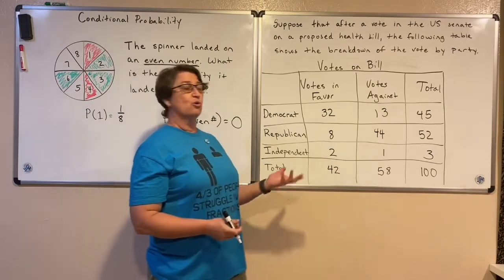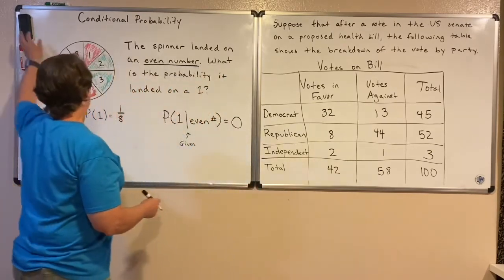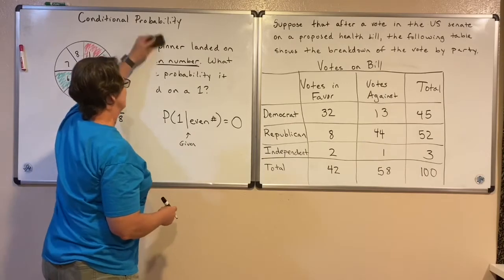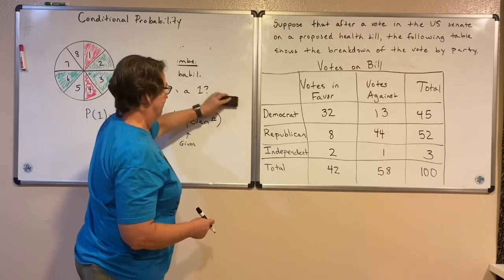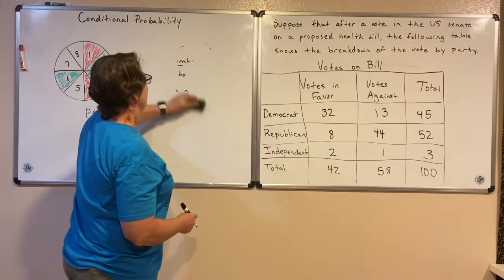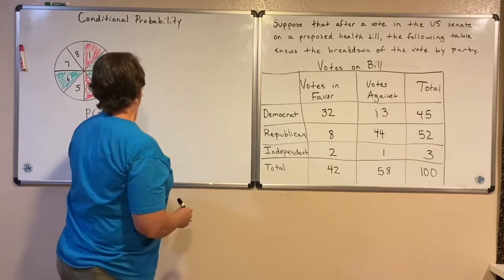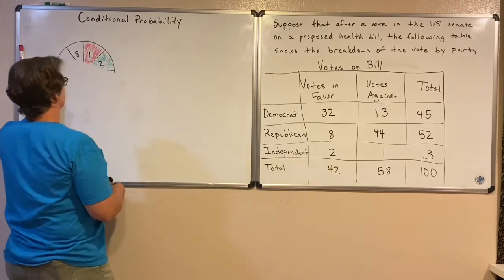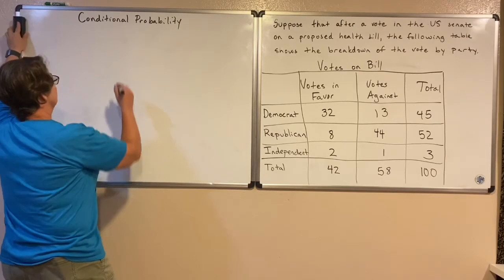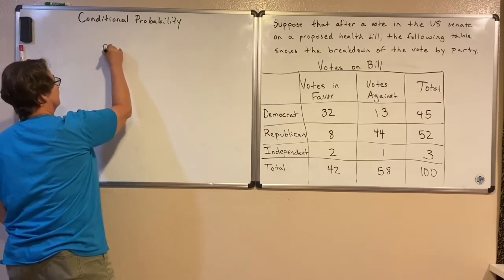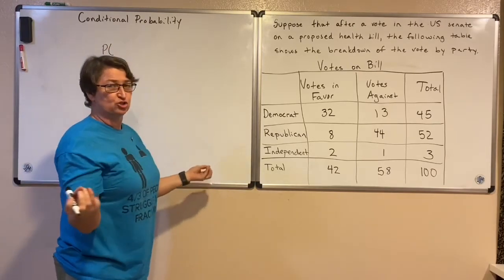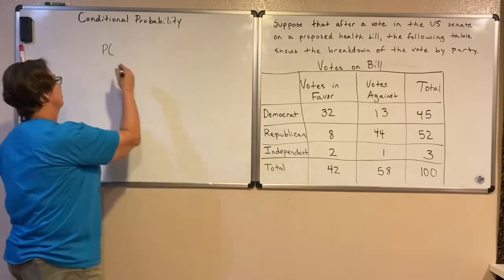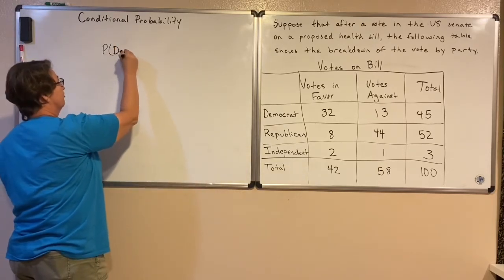Okay, so here, let me just ask you some different probability questions just based upon that chart. For instance, if I asked you, what's the probability that we randomly choose a senator, we're just going to randomly choose one of the senators out. I want to know, what's the probability that they're a Democrat?